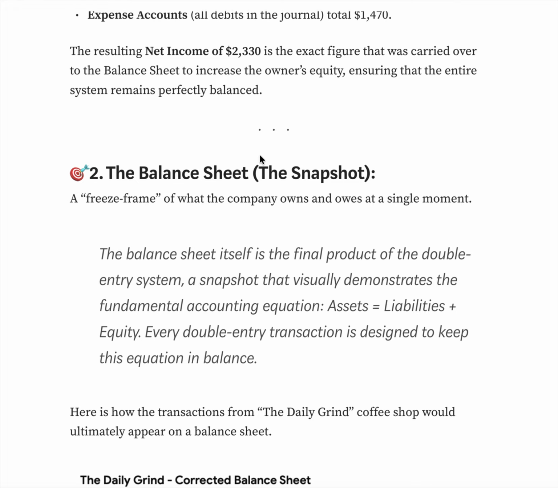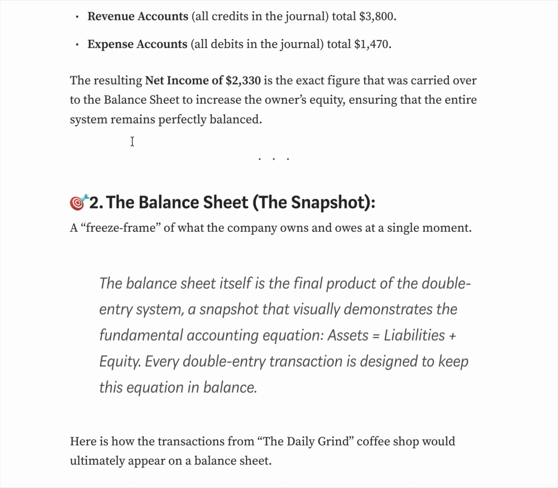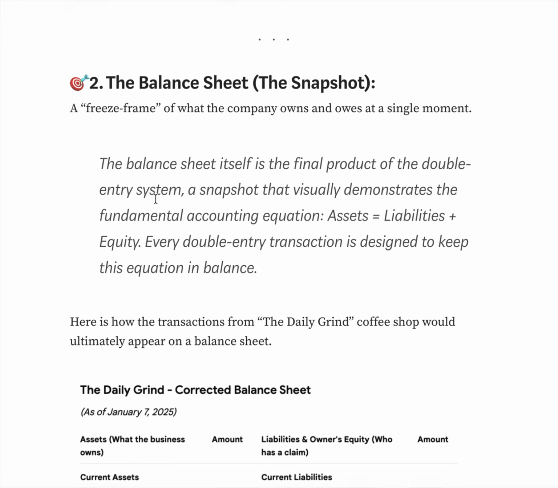Okay, so now let's carry this to the balance sheet. First, let's understand what the balance sheet is. The balance sheet is a snapshot, a freeze frame of what a company owns and owes at a single moment, as of January, as you can see in the time.